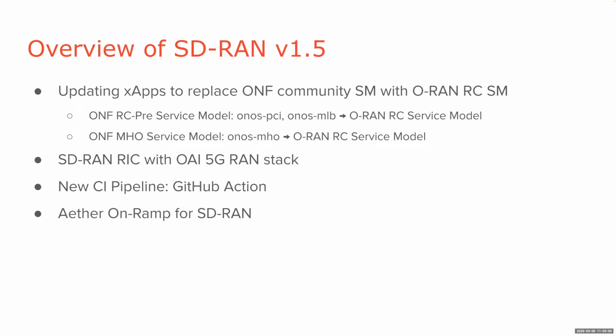ONOS PCI and MLB used the RC pre-service model, and ONOS MHO used the ONF MHO service model. But from 1.5, they are using the ORAN RC official service model.